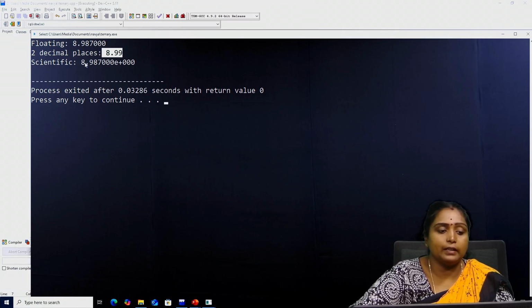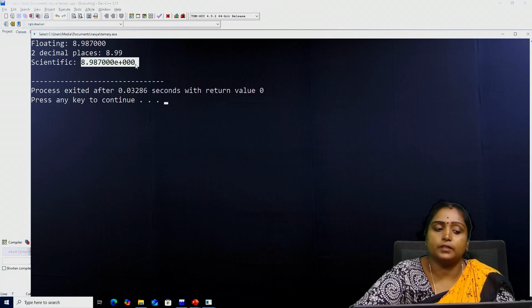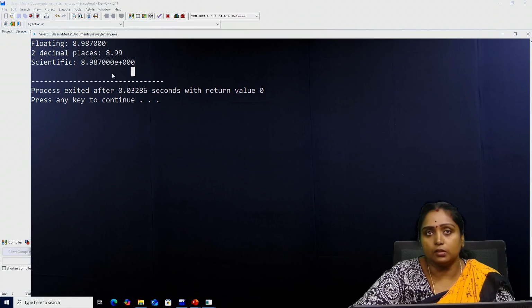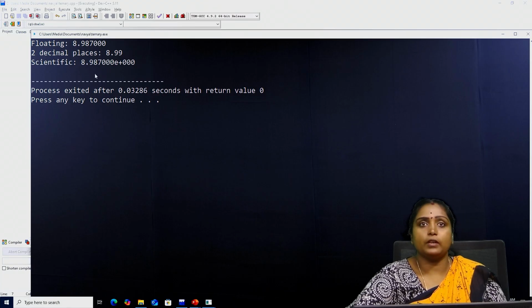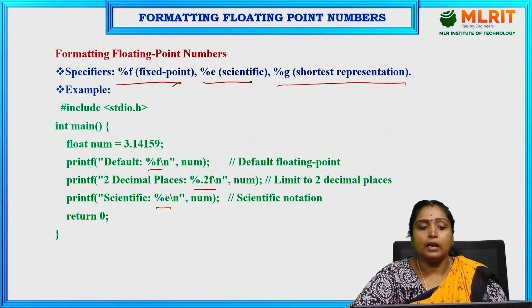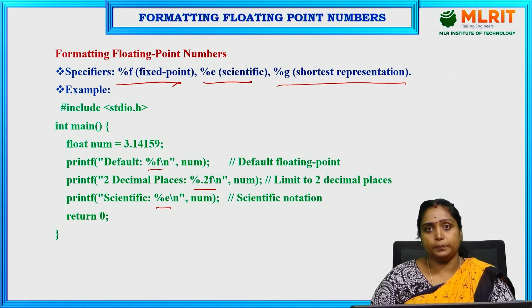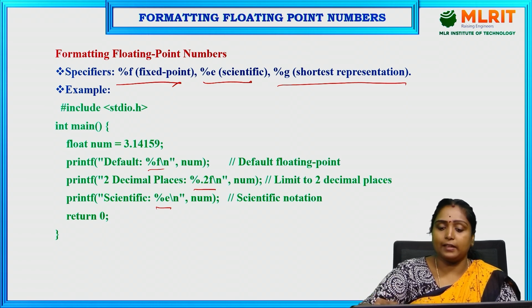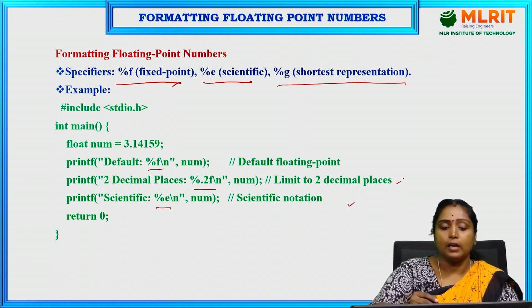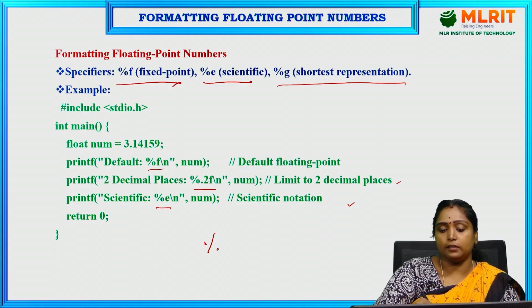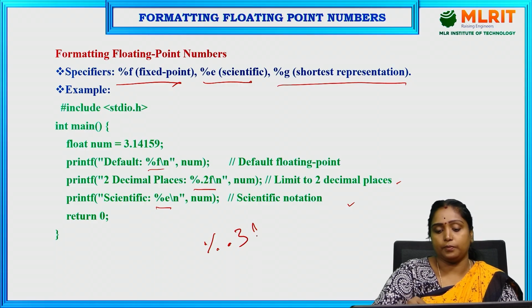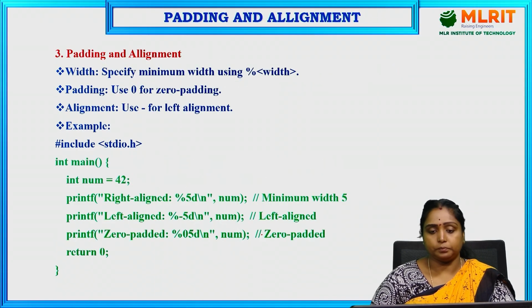And scientifically, see here what I got: 8.987000e+03. So this is how we use formatting of floating point numbers, in scientific notation as well as with a limit of 2 decimals. If you want 3 digits, you have to give .3f, like this.